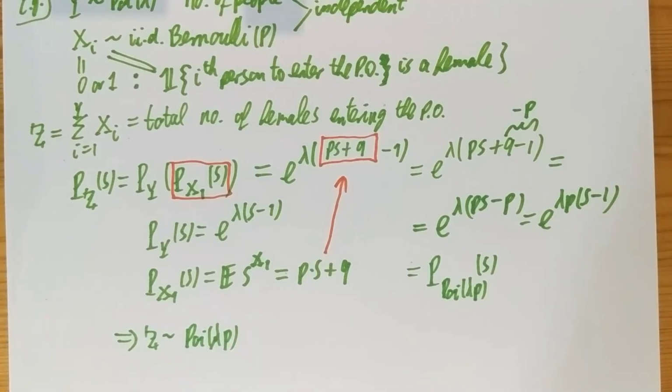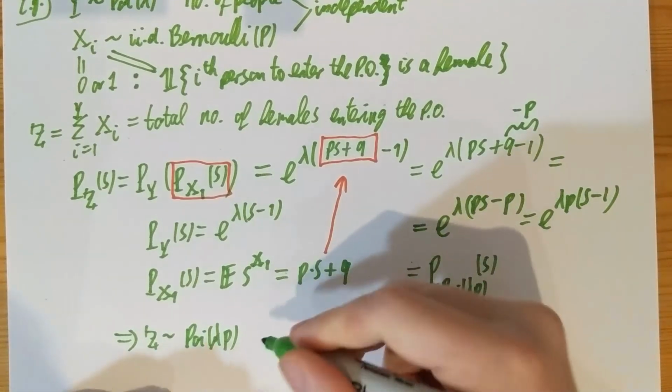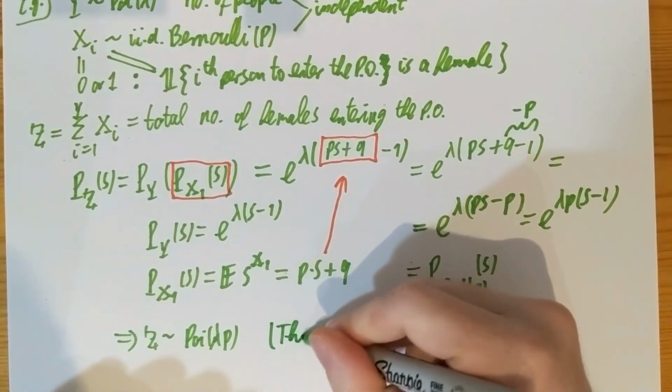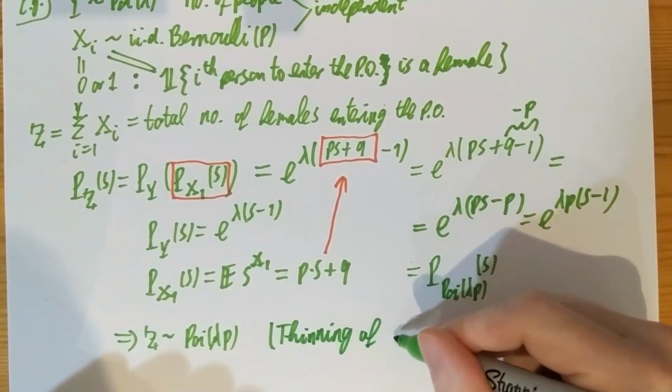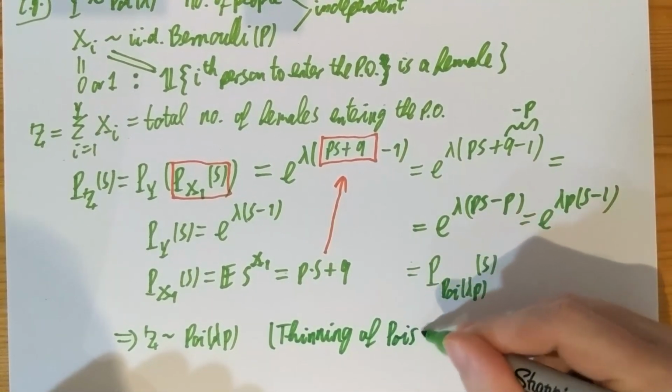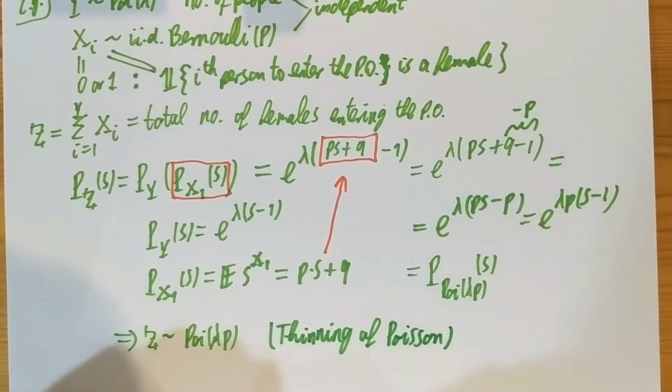If you ever came across Poisson processes, then you're not very surprised about this, because if you recall what thinning of a Poisson process, or if you want a Poisson random variable does, that's exactly what's happening here.